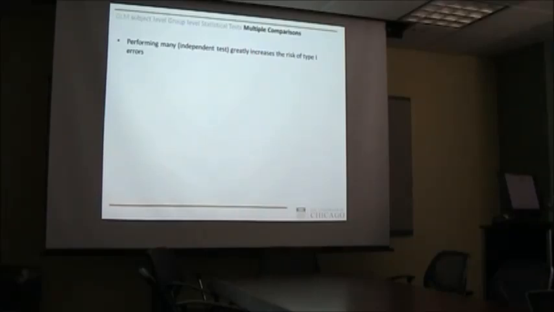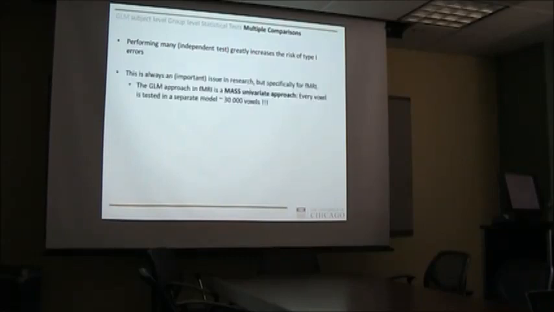If you perform many independent tests, which you do in MRI, because you run this model at least tens of thousands of times, then this type 1 error rate greatly increases. And this is always an issue in any kind of research.